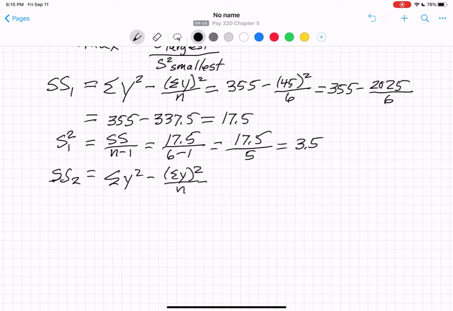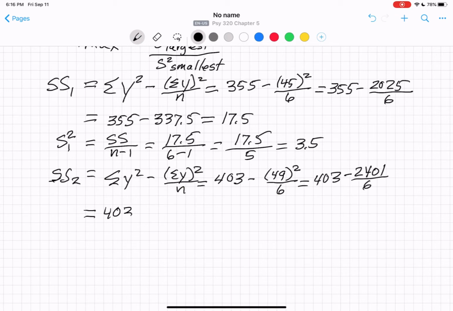Same formula. The calculations from the data sheet are 403 as the sum of y squared, and 49 as the sum of y, which we square, divided by 6. So 403 minus 49 squared, which is 2401, divided by 6.